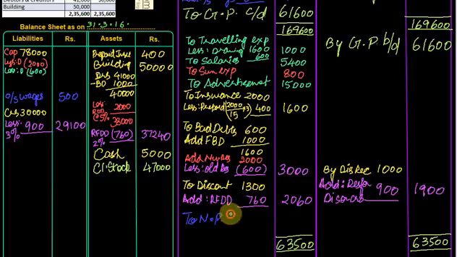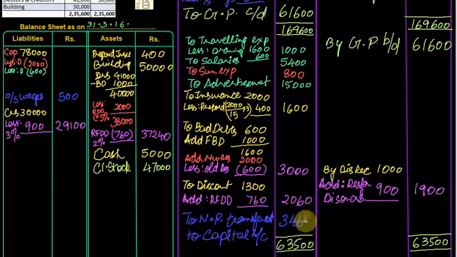Net profit transferred to capital account. And that comes up to 34,640. So add net profit in your capital. Net profit, add 34,640.